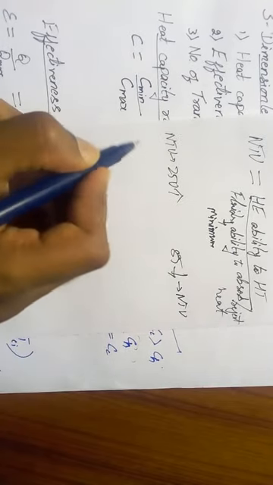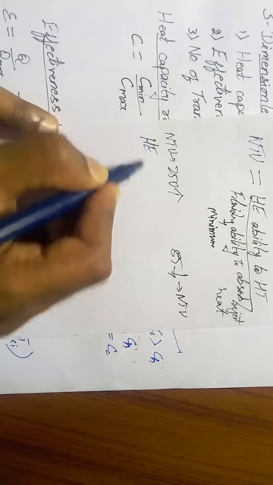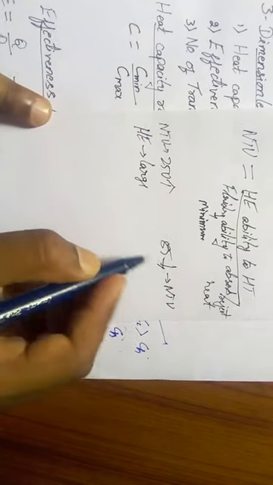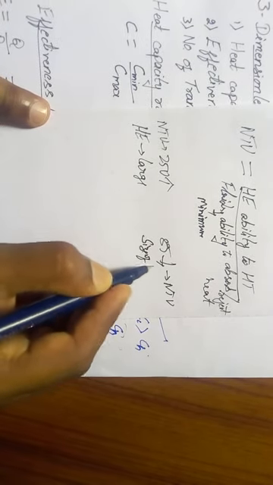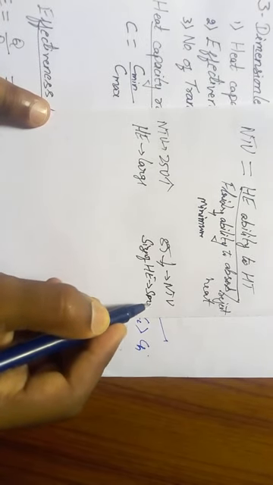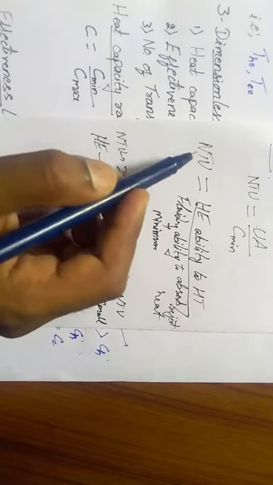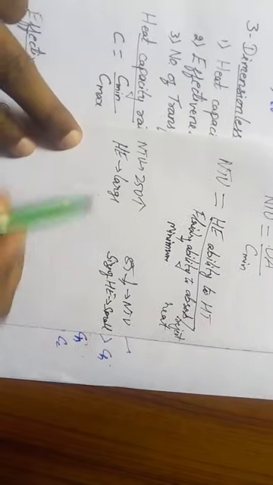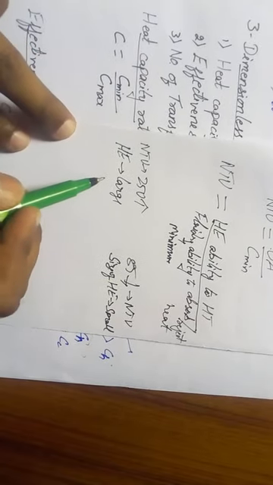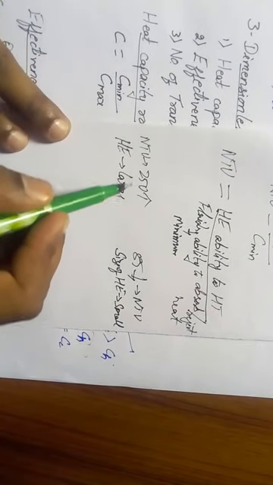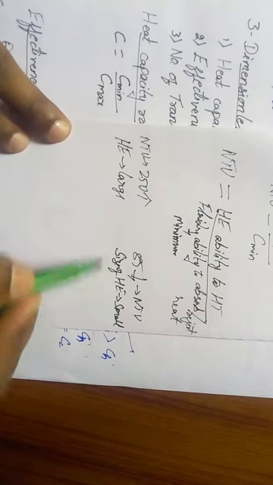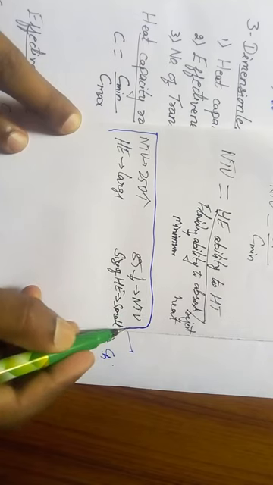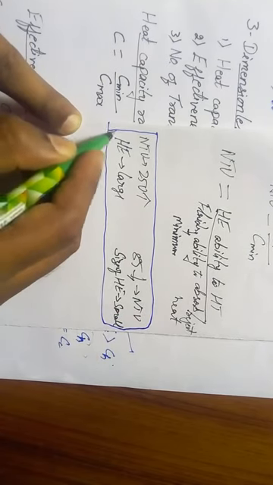That means here the size of the heat exchanger is large, and here the size of the heat exchanger is small. So this number NTU gives me an idea, a reference for design parameters regarding size. I'm sorry, this is the understanding part, so this should have been written in blue.